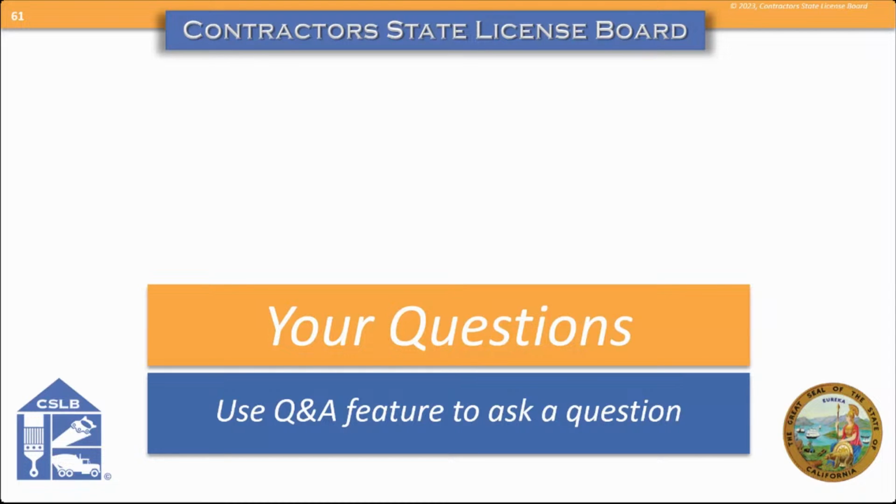Once again, I would recommend that you contact classifications at cslb.ca.gov. Tell them exactly the type of work you're doing, what it involves, the materials you're using, what it's being displayed on, and for what purpose. And the classifications deputy will let you know the specific classification or classifications that you'd need to perform that work.